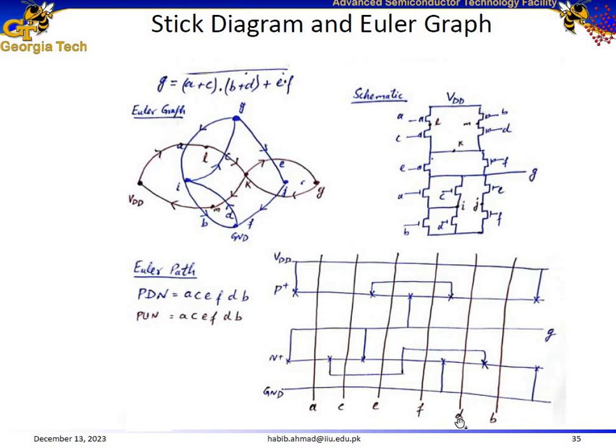So label the polysilicon gates in the same order as well, and then complete the stick diagram by labeling the sources and the drains on the stick diagram and also on the circuit diagram.